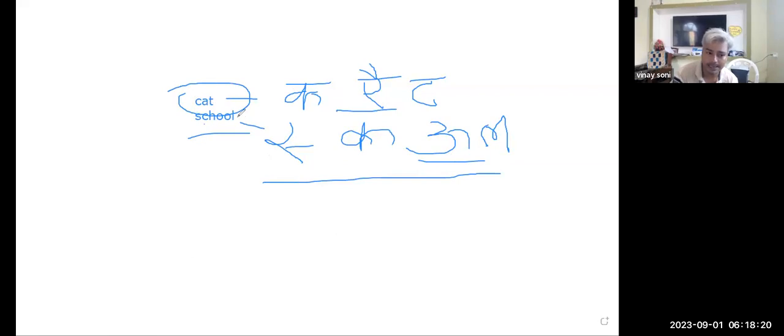It is a 6-letter word. And here we have 2 O's. Here we have only 1 A. But when we talk about sounds, then there is a similarity, and that similarity is the number of vowel sounds. Cat has only 1 vowel sound. School also has only 1 vowel sound.